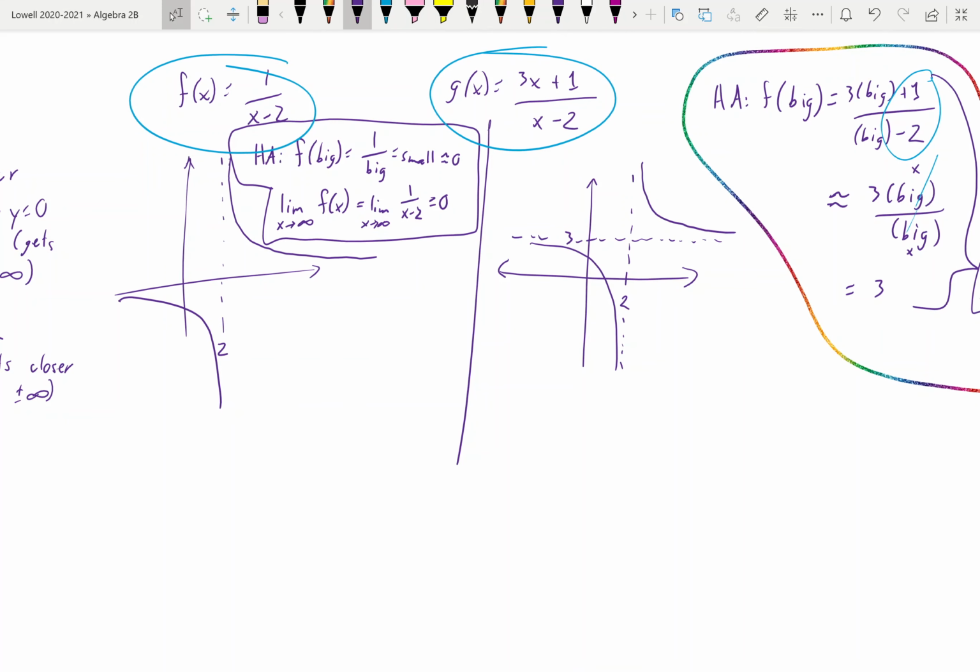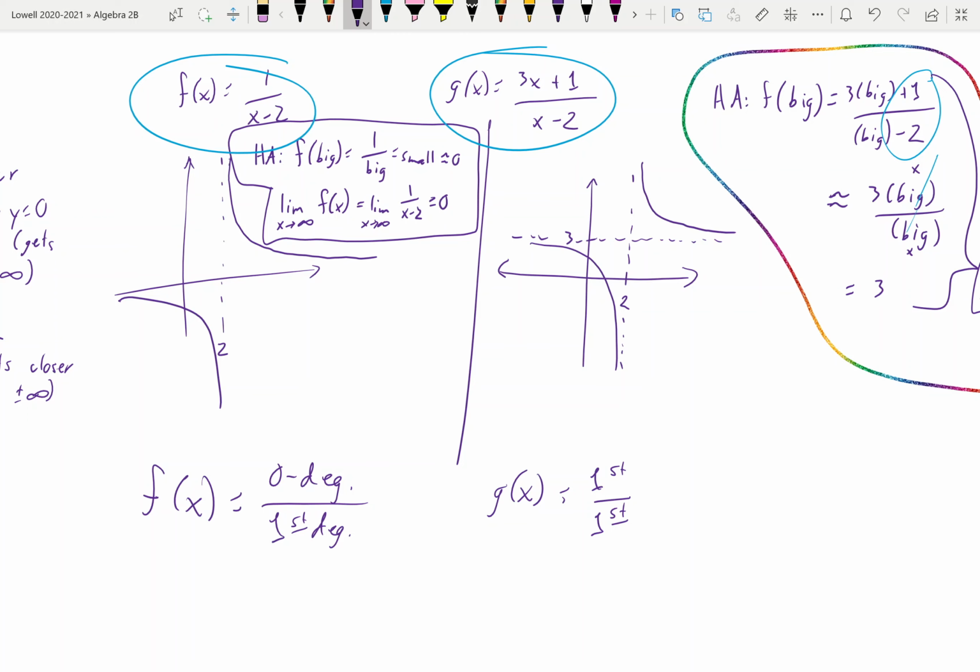Notice that f of x on the left side is a 0-degree polynomial over a first degree, whereas g of x is a first degree over a first degree.